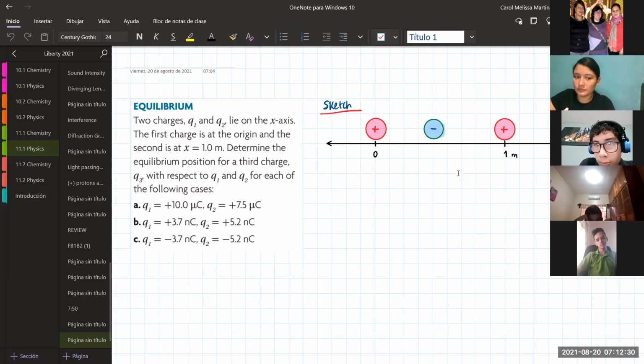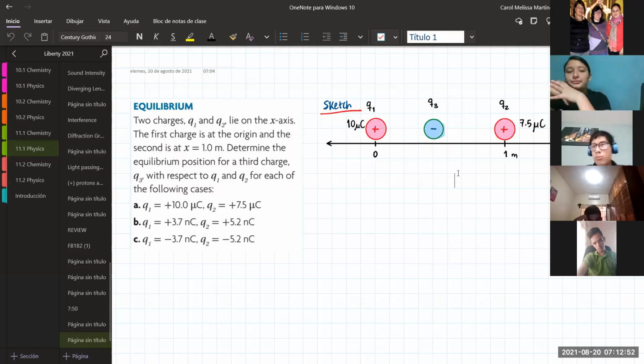So this is going to be Q1, this is going to be Q2, and this is going to be Q3. This one measures 10 microcoulombs. This one measures 7.5 microcoulombs. And this one is not given, but I don't need it.